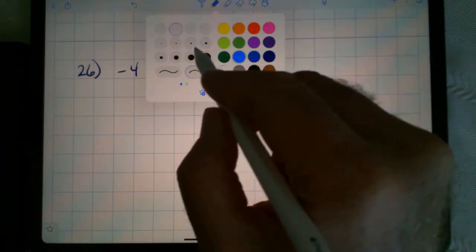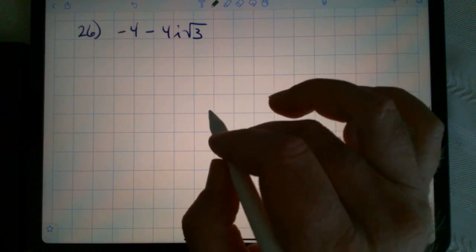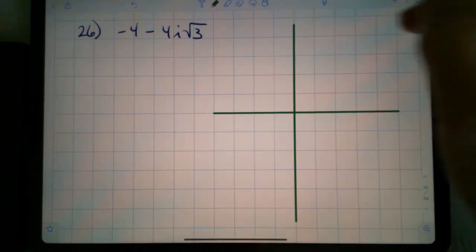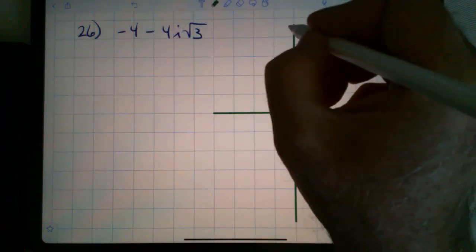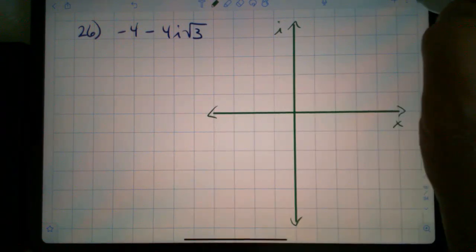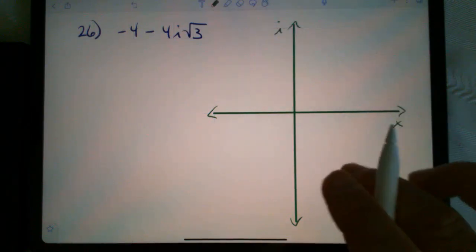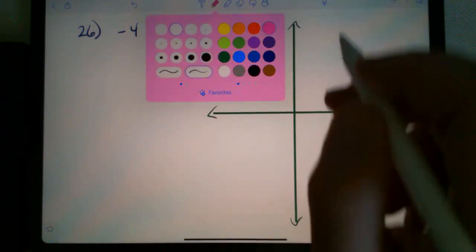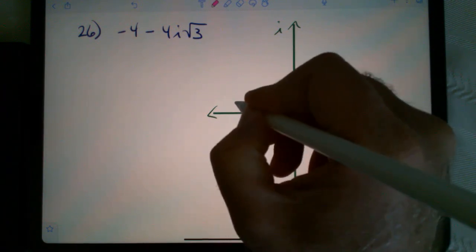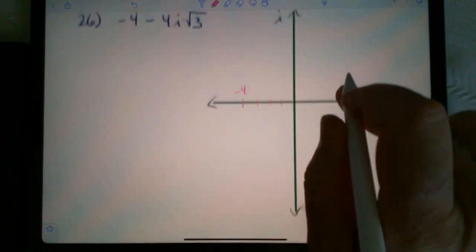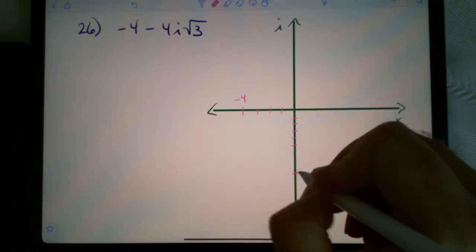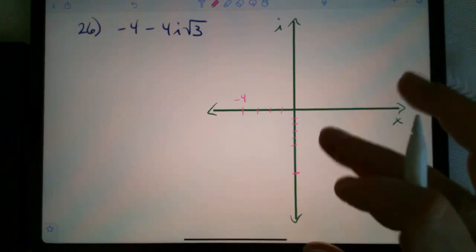Okay. I don't know exactly what -4 times radical 3 is.